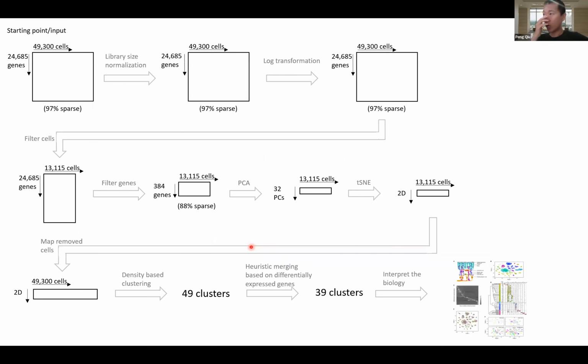Okay, so now here is the whole pipeline again. And as I commented earlier, when I talk to my own students about reading papers with complex pipelines, I always ask them to draw such a pipeline so that we know what is the dimensionality of the input and output of every step. And then we'll have a big picture of how the whole workflow goes.